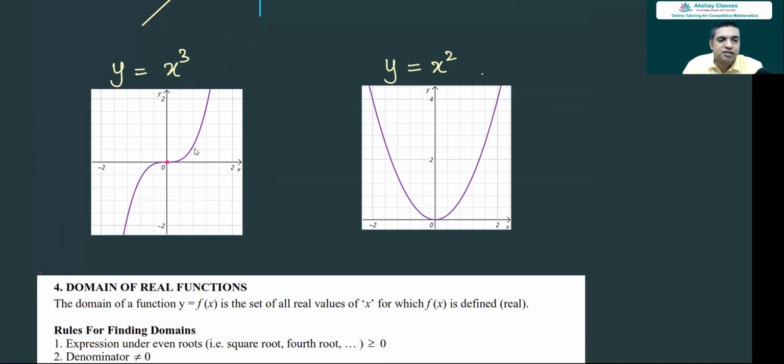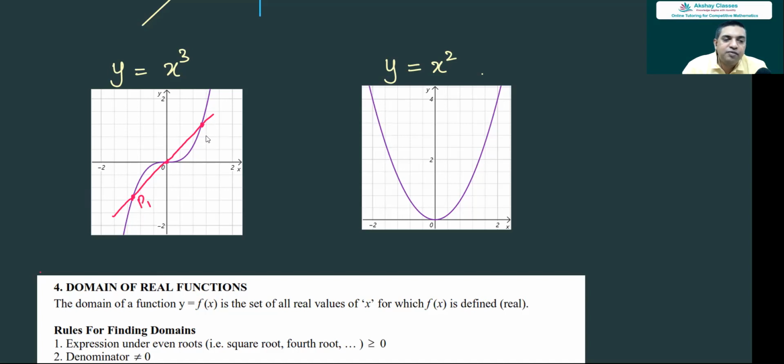So here, when x is greater than 0, the graph lies in the first quadrant, and the same reflection lies in the second quadrant. So how do you get this reflection? Take any point on the curve, make a line pass through the origin, and when it cuts the curve at the other point, this other point will be the odd symmetric image.